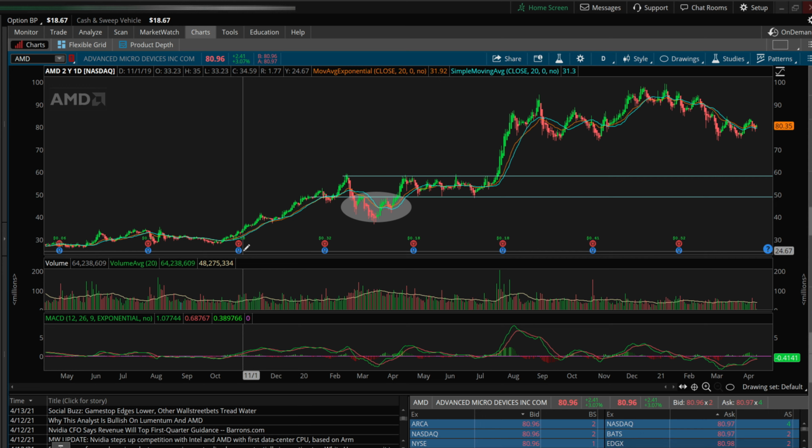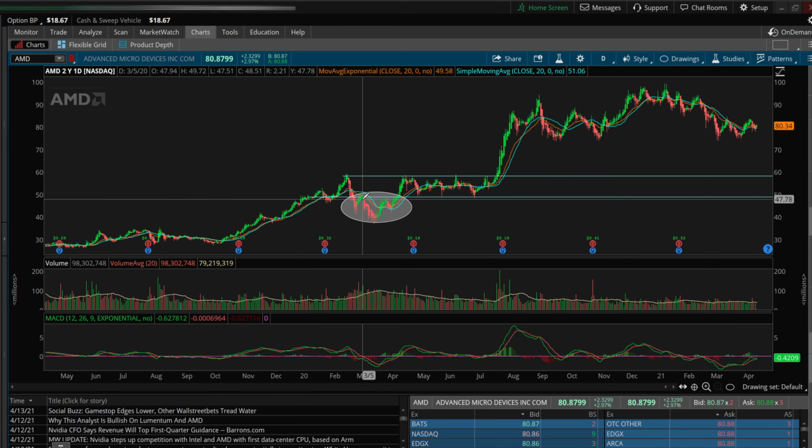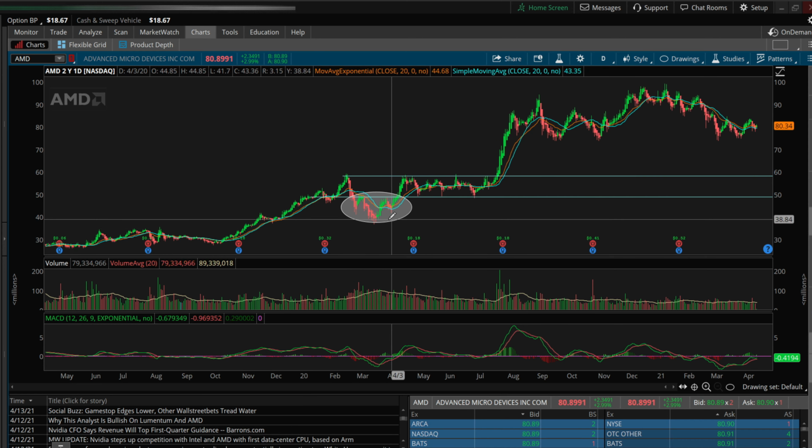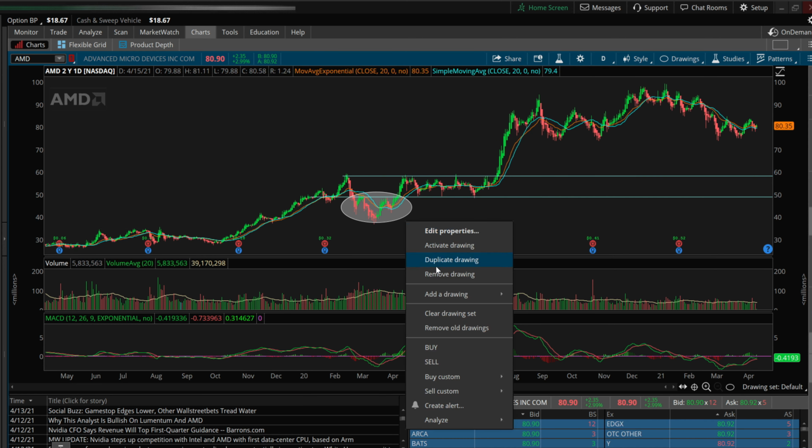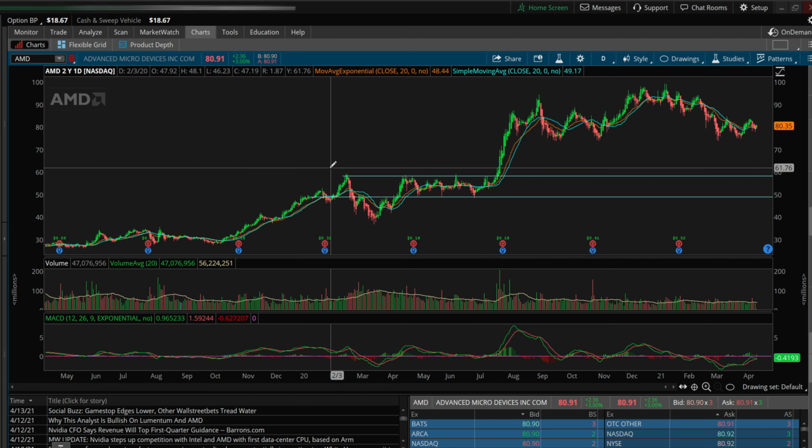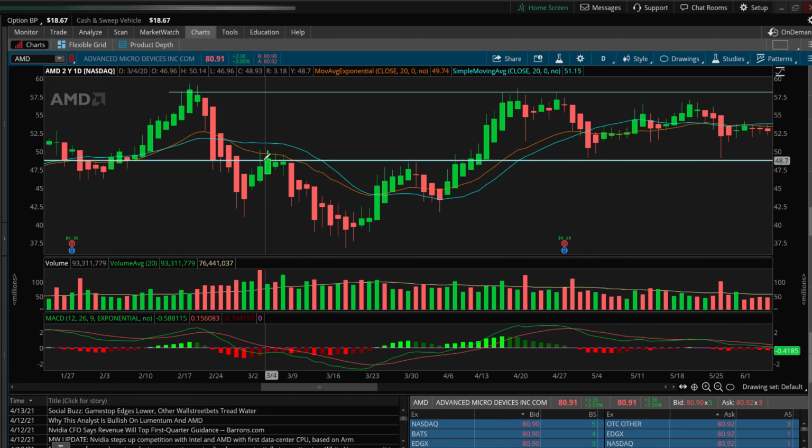There's also patterns in this. I think that's a table top pattern or a double top right here. I'm not sure what it's called, but you can create these resistance lines. You can create support lines off of this. These would be resistance because it's bouncing upwards towards it.